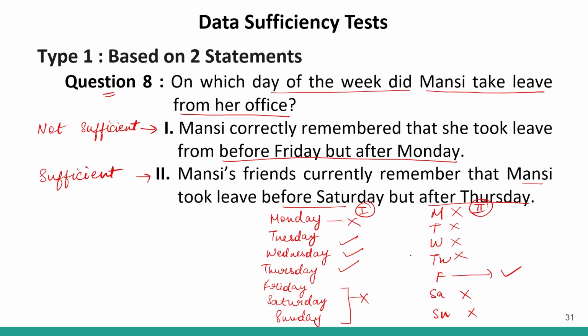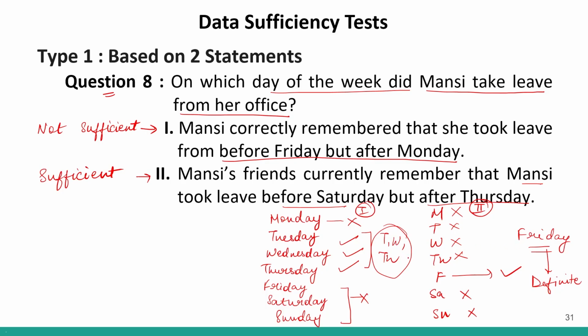Now, let us look at this question. Based on statement 1, I am getting 3 possibilities over here. That is Tuesday, Wednesday and Thursday. Correct? And over here, I am getting a definitive answer, which is Friday. So basically, they are contradictory. Over here, we had 3 different possibilities. And over here, this is the definitive answer, but this is not in alignment with these 3 possibilities.